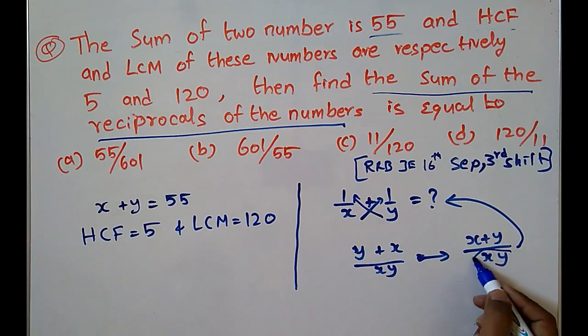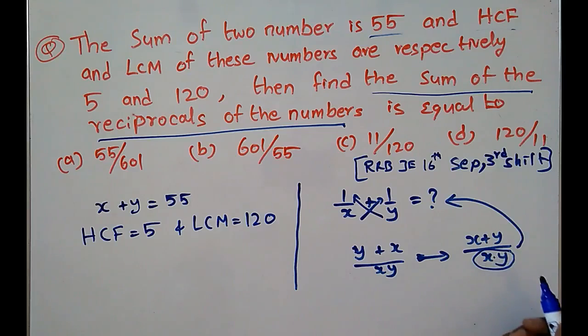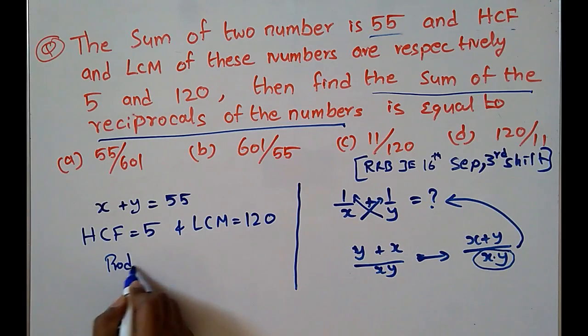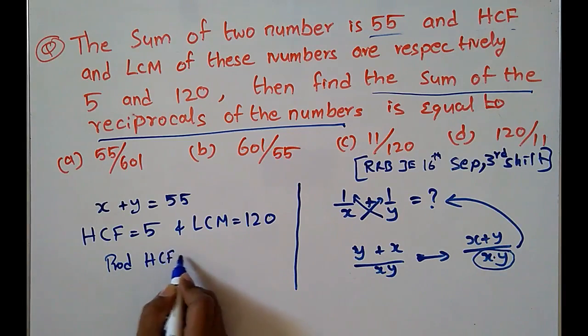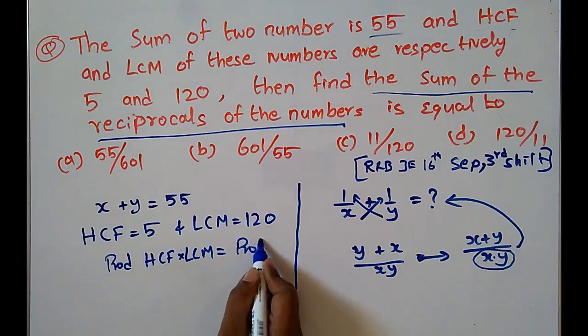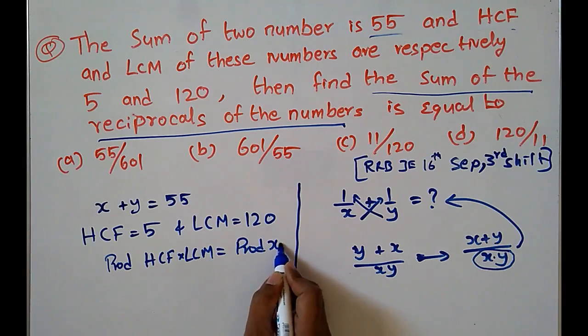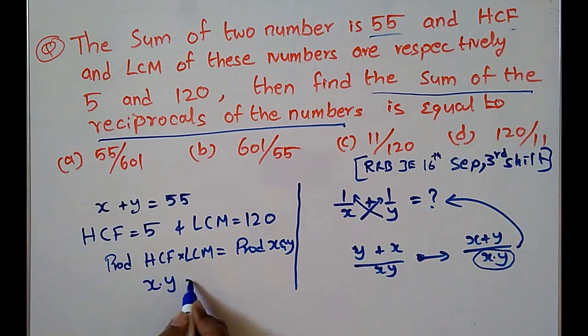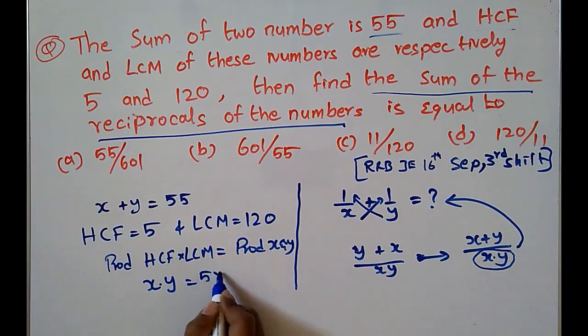We need the product of the two numbers, that is x into y. We have HCF and LCM, and we know that the product of HCF and LCM is nothing but the product of the two numbers x and y. So x times y is given by 5 into 120, that is 600.